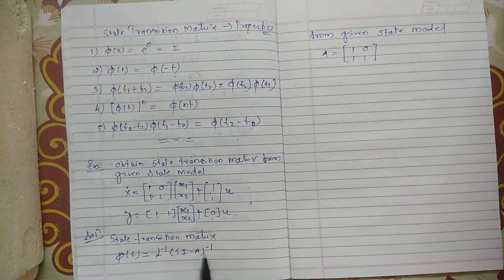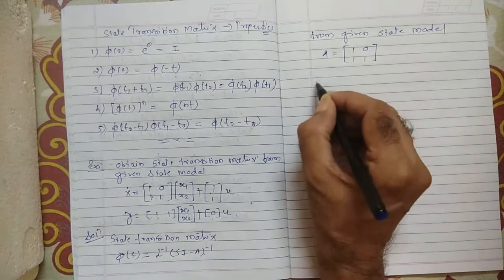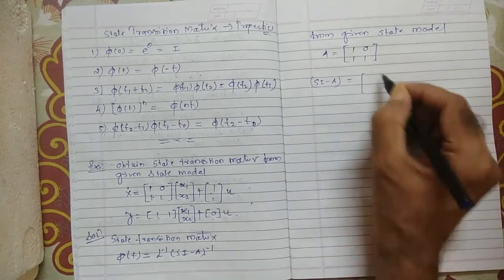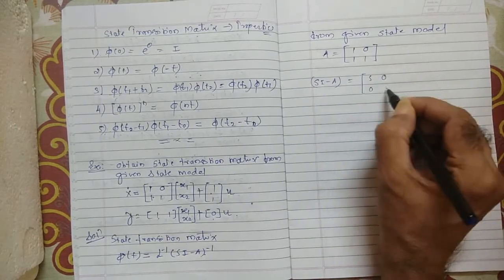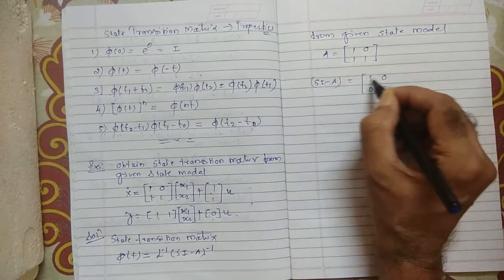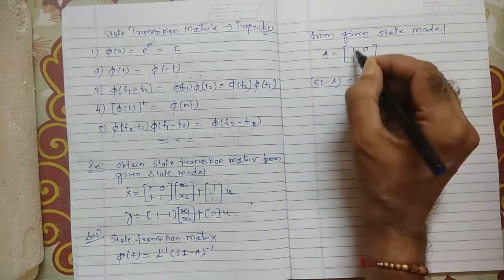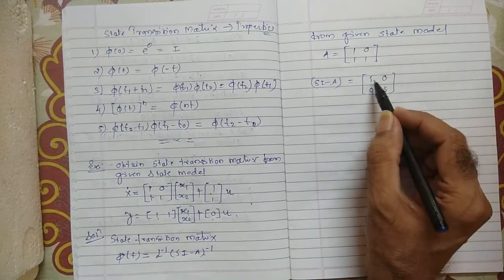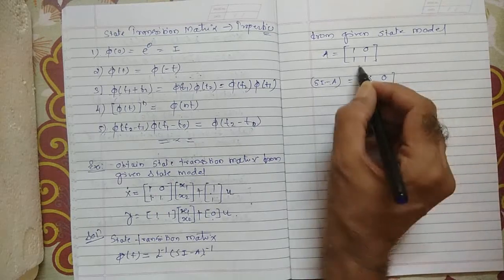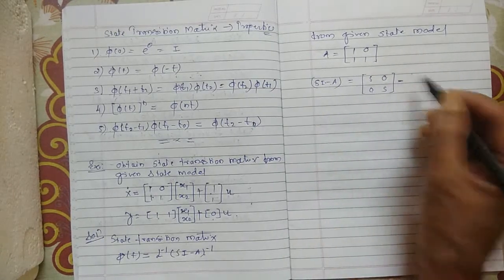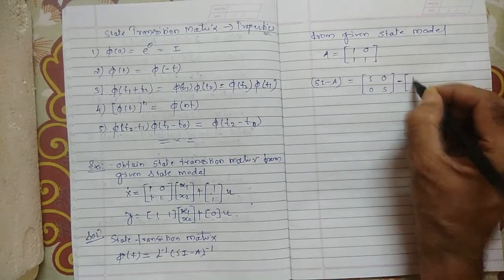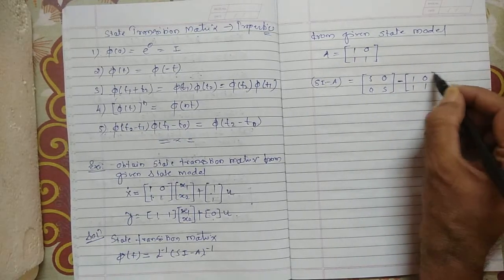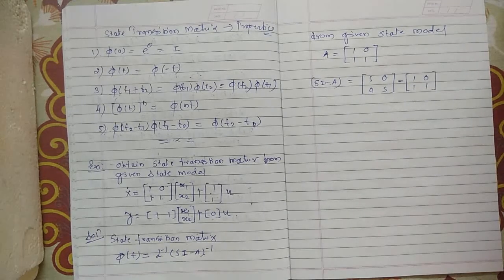Now we have to find sI minus A. Here sI is [s 0; 0 s]. It is a 2 by 2 matrix, so sI is also a 2 by 2 matrix, with s on the diagonal. And A is [1 0; 1 1]. So this is my sI minus A equation.